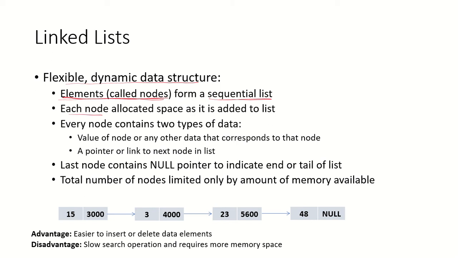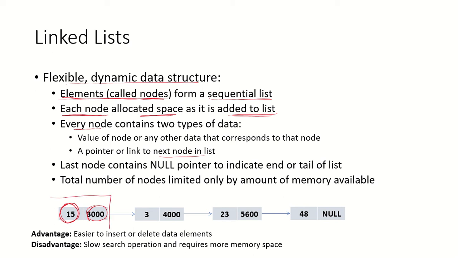Now each node will be allocated space only when it is added to the list, and each node contains two types of data. One would be the value of that node, and the other would be the pointer to the next node in the list.